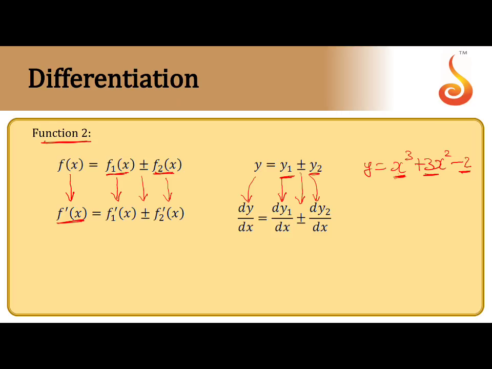Say if you want to differentiate this, your dy by dx is equal to differentiate x cube, you know the x power n formula, put plus sign, differentiate 3x square, put minus sign, differentiate 2. This is how you do the differentiation for a function which is made up of more than one function.